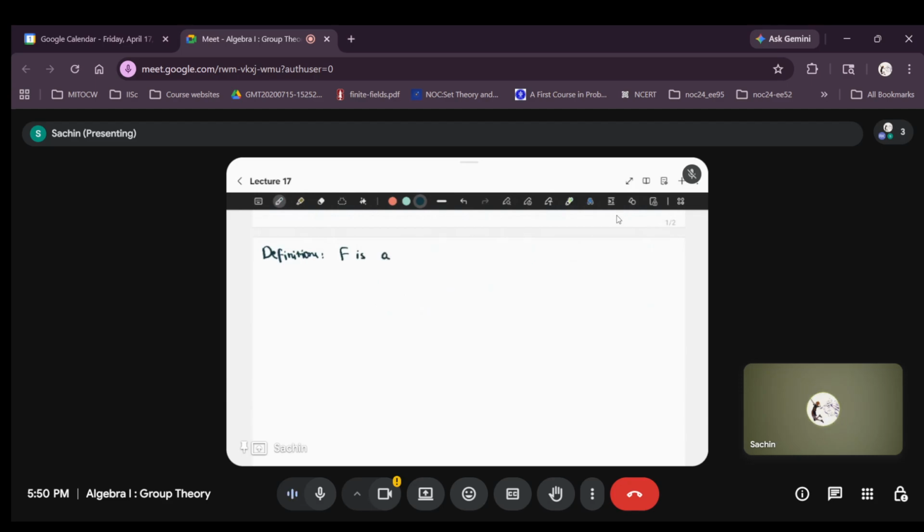So F is a field if it is a ring such that F minus the zero element is a group under multiplication.